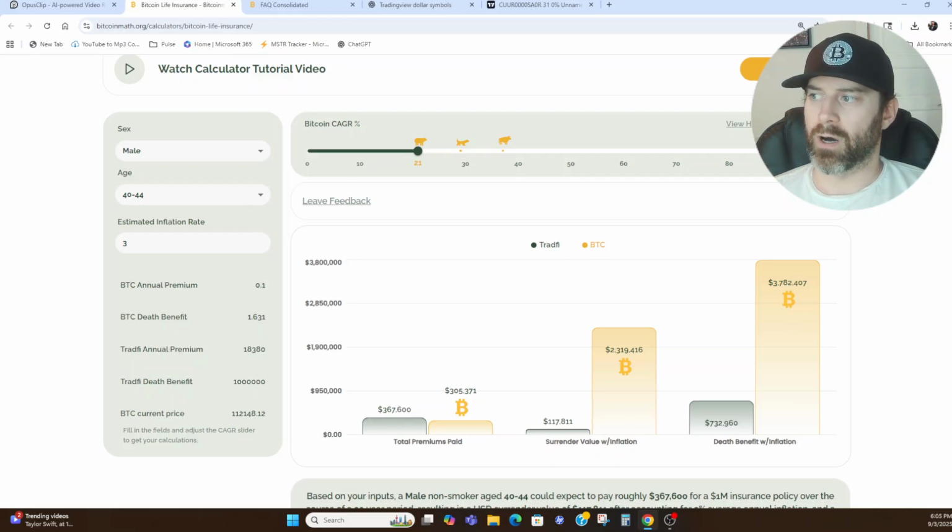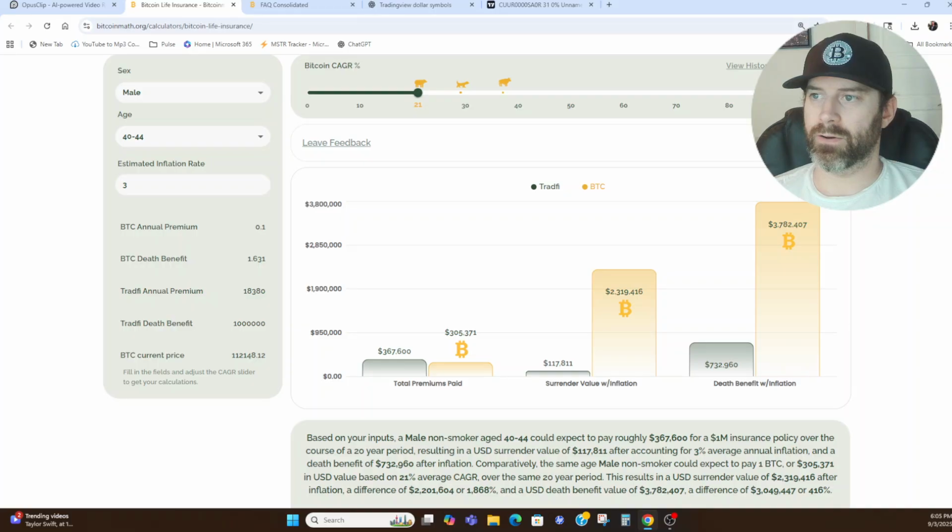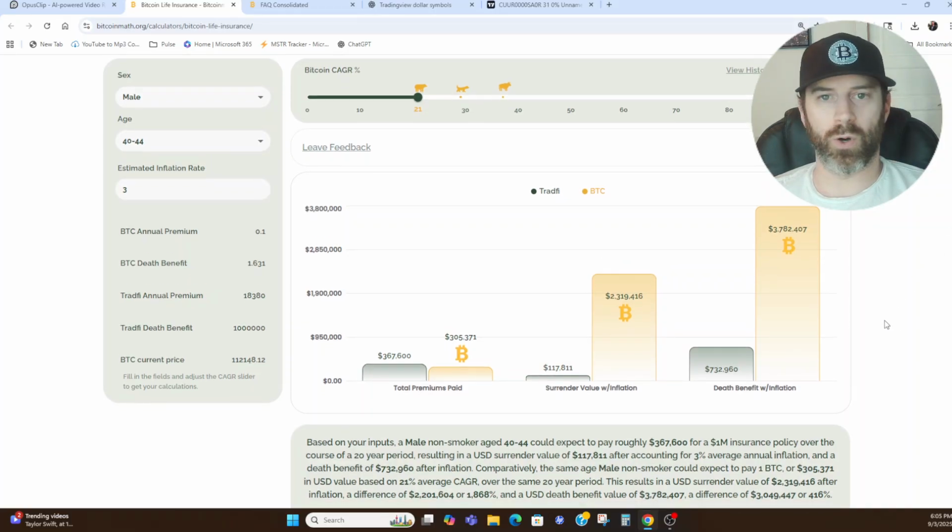So there are 3 columns that we're going to look at here in the chart. Number 1 is the total premiums paid. Now, because we are paying in Bitcoin, we converted the Bitcoin value into USD value based on the then spot price over the 20-year period.